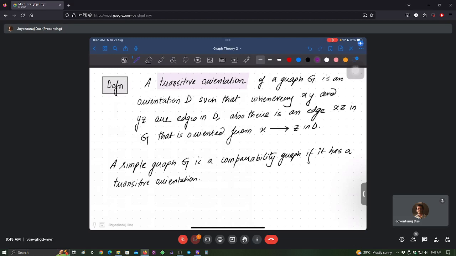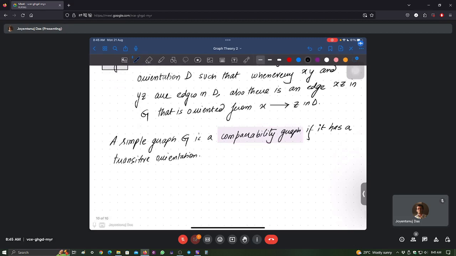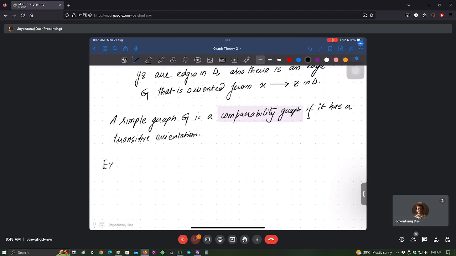So yes, this is the definition of a comparability graph. Right. So an example is, let us see an example. If G is an XY bigraph, then directing every edge from X to Y yields a transitive orientation.